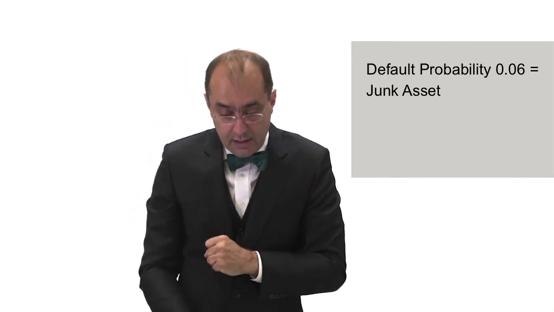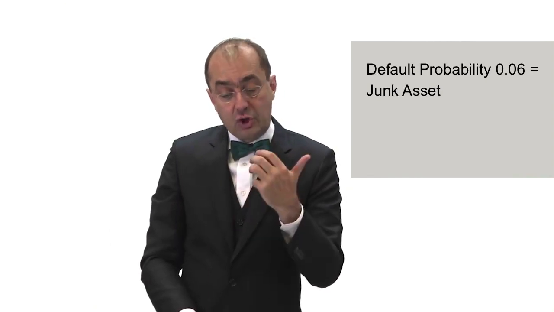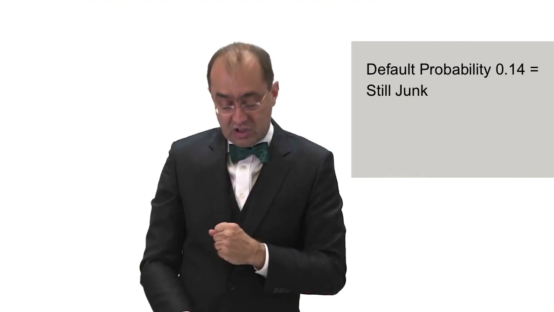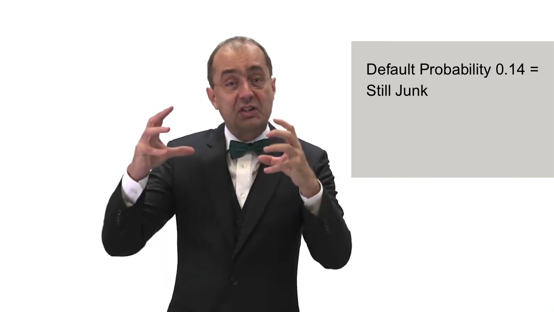Actually, it's so high, it is no longer an investment grade asset, it's now a junk asset. On the other hand, J, which before was toxic junk with a gigantic probability of default of 19%, is now slightly better. What has happened?